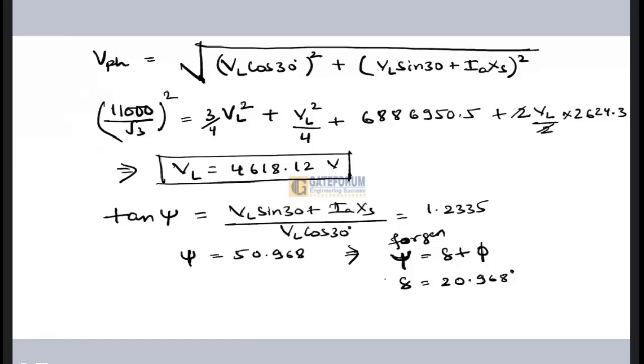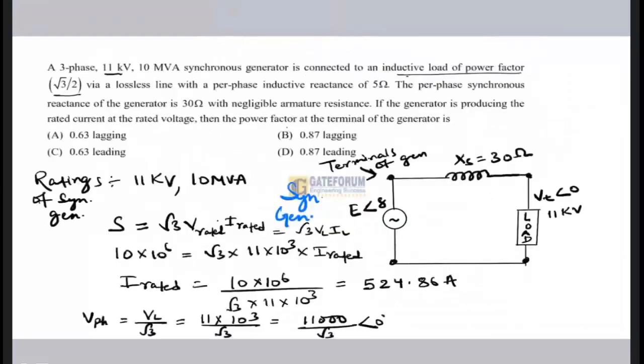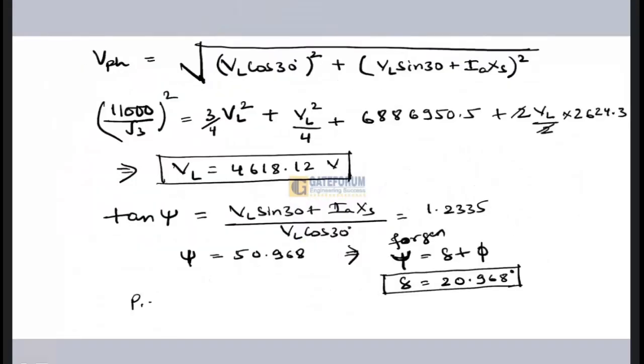Delta is 20.968 degree. But they are asking you the power factor at the terminal of the generator. So at the terminals of the generator, the power factor would be cos of delta.